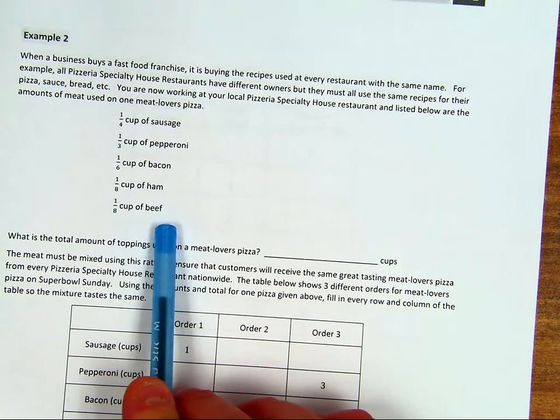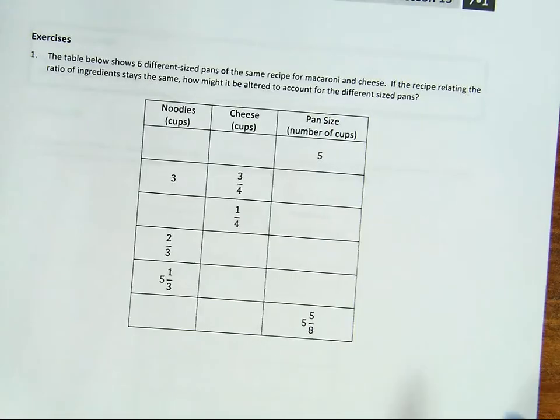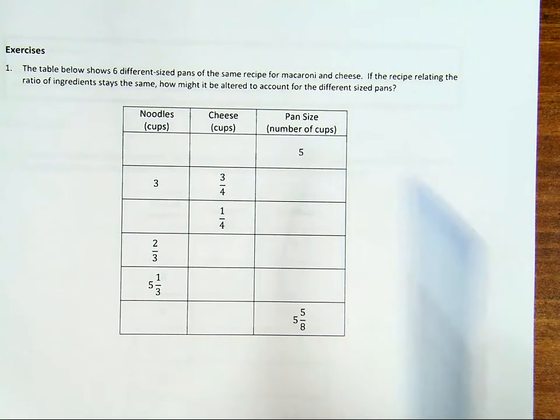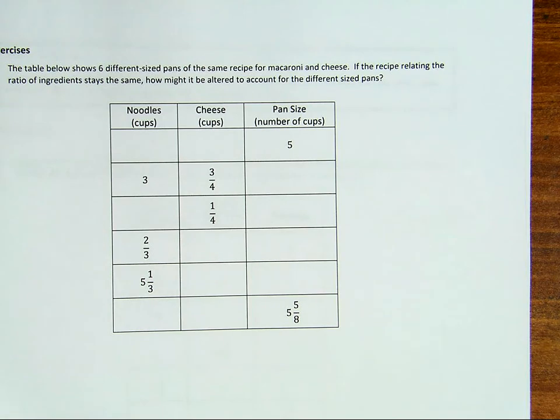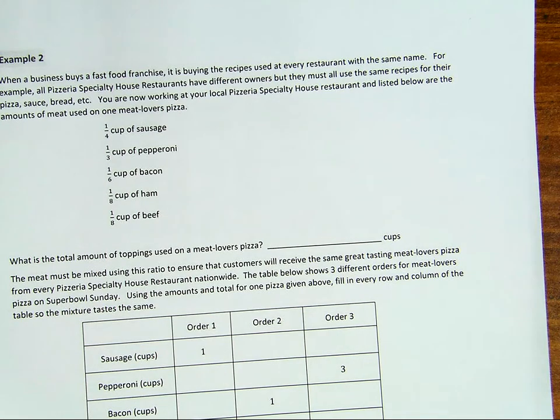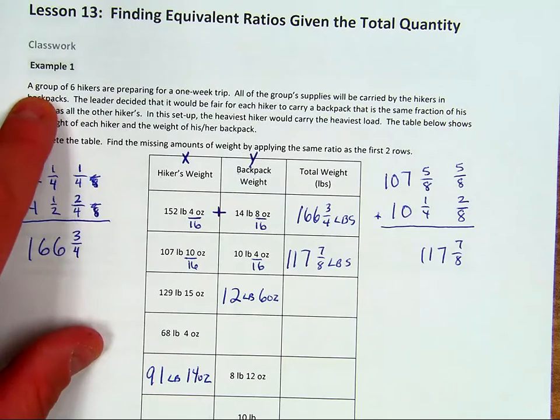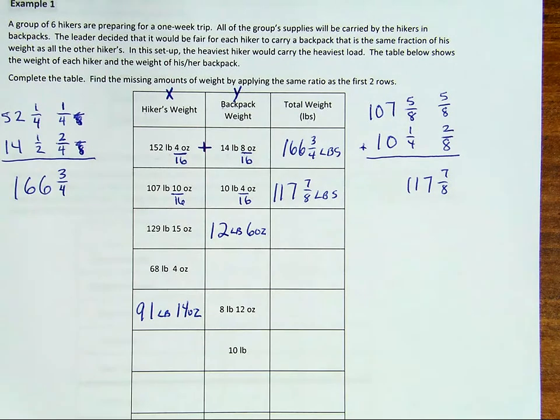When you go to do this one, everything's in cups. That's the only one we're doing. So you will not be converting from ounces to pounds like we were in example 1. There's going to be no converting at home.